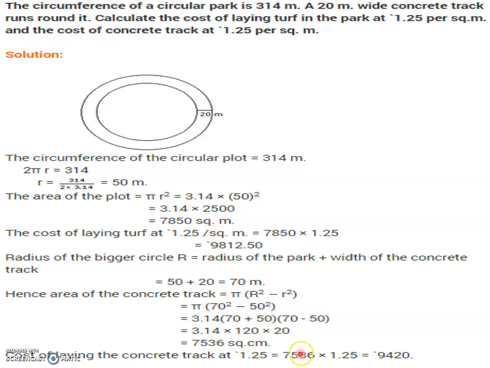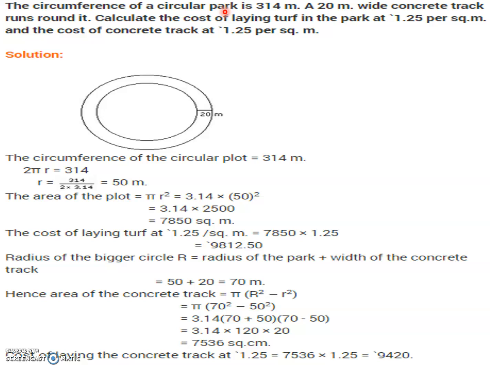Now, next we have to check what is given. In this example, the circumference of the circular park is 314 and a 20 meter wide concrete track is around it.